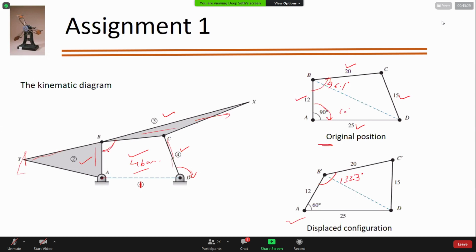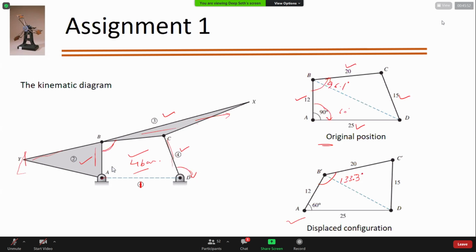So actually this is the angular displacement of the lever. From here also you can measure it, or this angle also you can measure it if you want. Okay. But it is inside the mechanism, so we will take this one. And any one you can find. So once you know these two, you can find the other two as well.